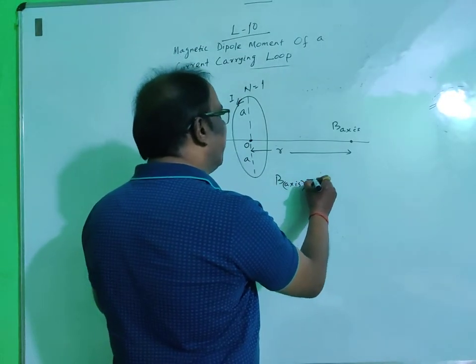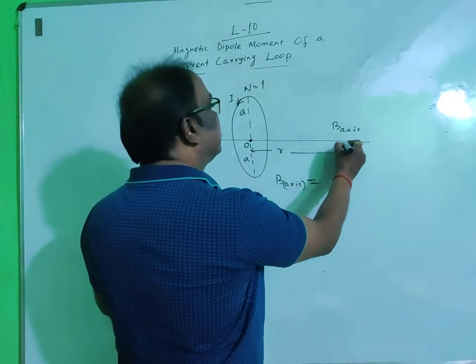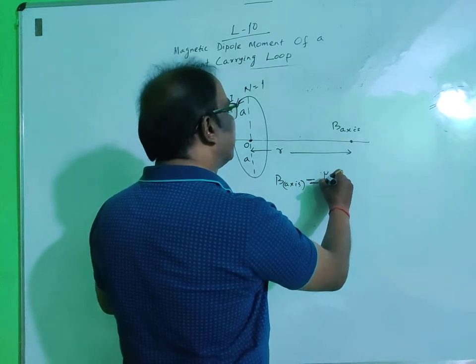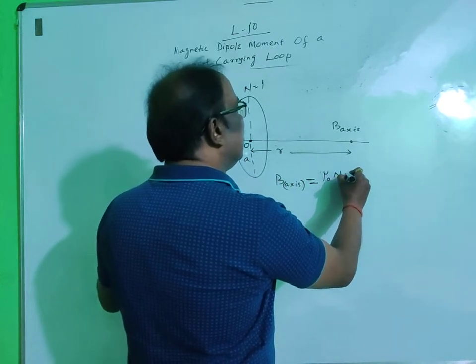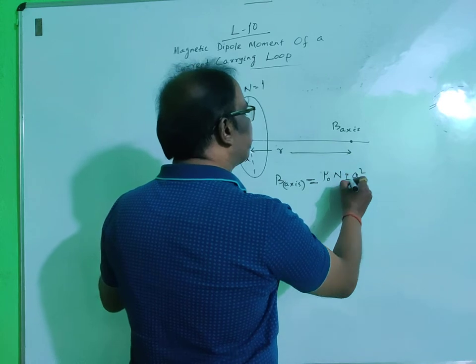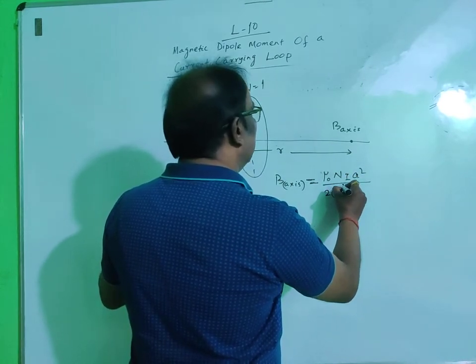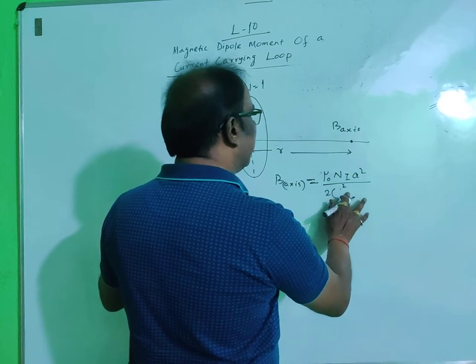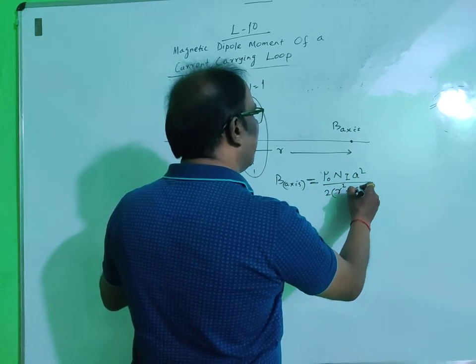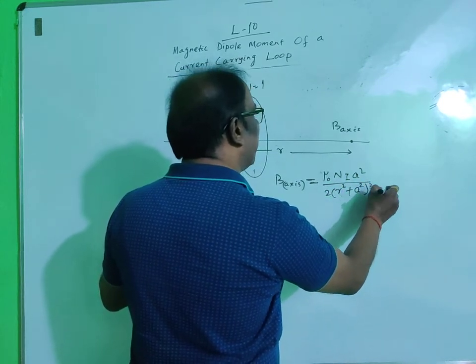The magnetic field on the axis of a circular conductor is given as mu naught n I a square divided by 2 into (r square plus a square) whole to the power 3 by 2.